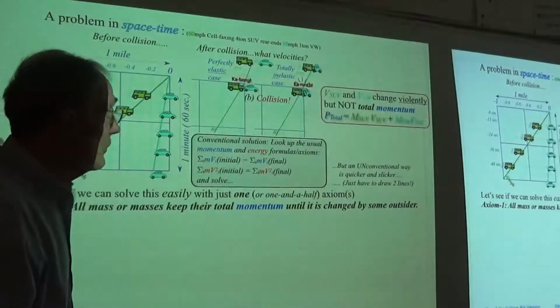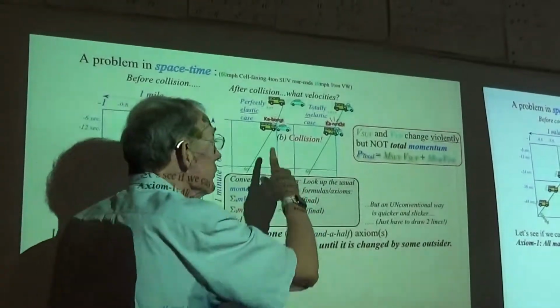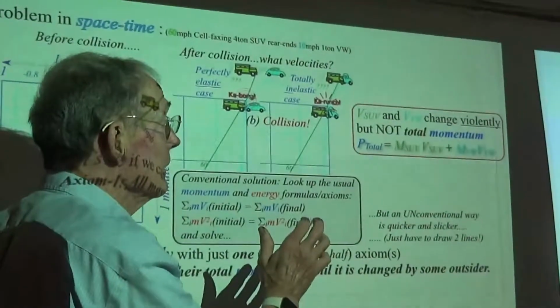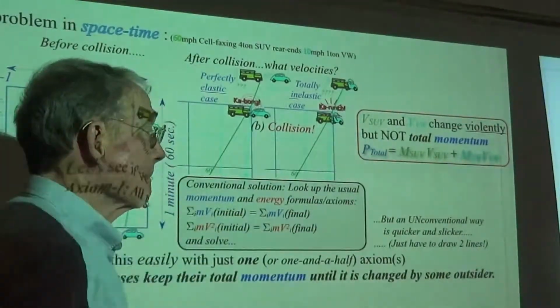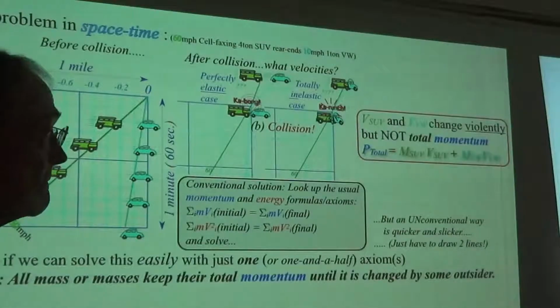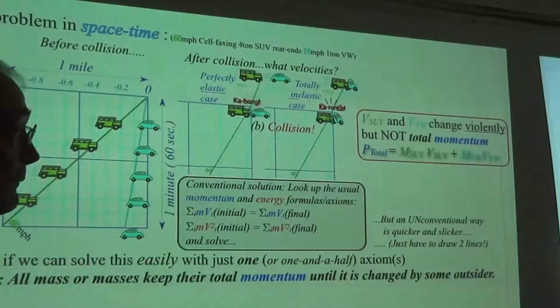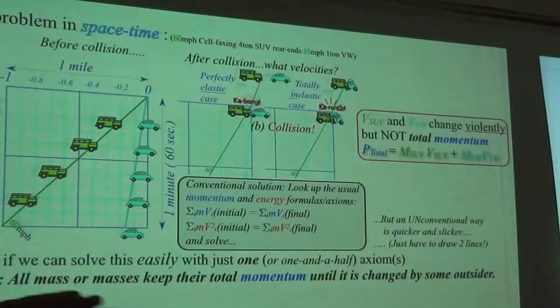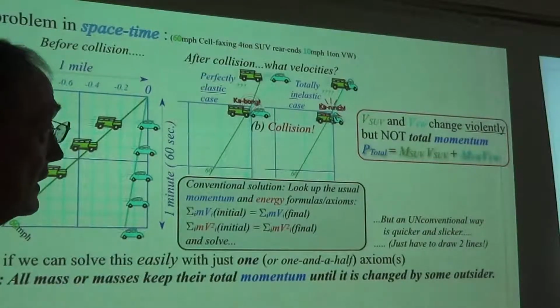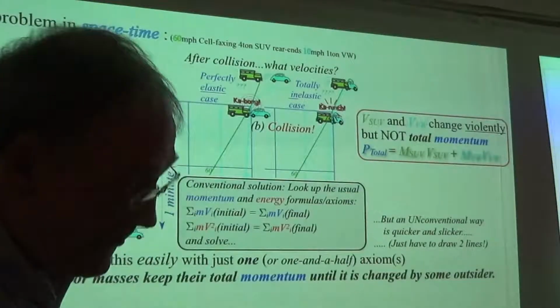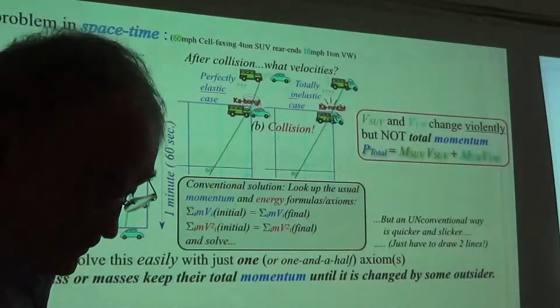The idea is that the velocity of these two objects changes violently, quickly, but not the total momentum. And in this unconventional way that we're doing this, we're basically going to draw two lines on the graph paper, and we'll be almost done with what we do today. But there's a lot to say around that.